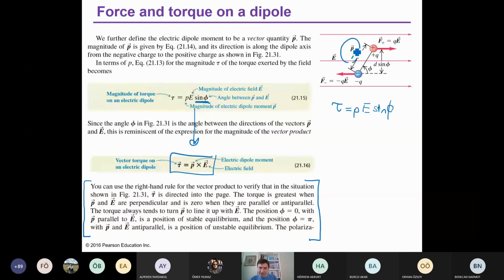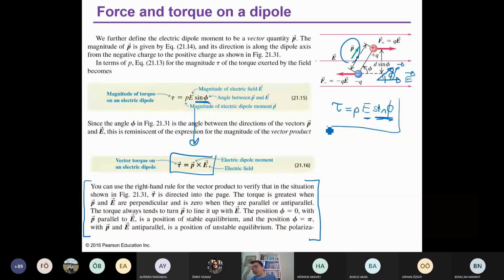This is the magnitude of electric field. And this is the sine of the angle in between. So here, what about the direction of the electric field? This is the direction of the electric field. And this is the direction of the P, electric dipole moment, right? And this is the angle in between, phi. Then we have this torque.